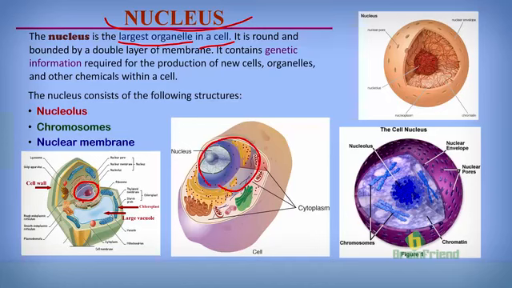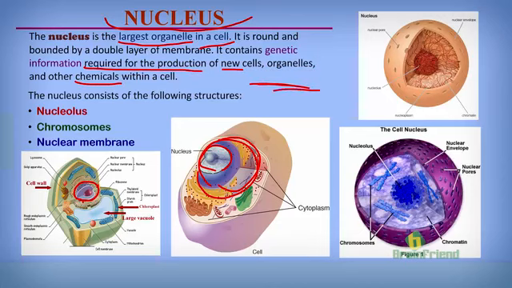The nucleus is bounded by a double layer of membrane. So you have a membrane that surrounds the external surface of the nucleus and another membrane surrounding the internal surface of the nucleus. What does the nucleus do? The nucleus contains genetic information that is required for the production of new cells, organelles, chemicals, and any other items within a cell.